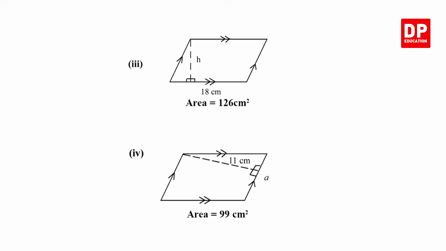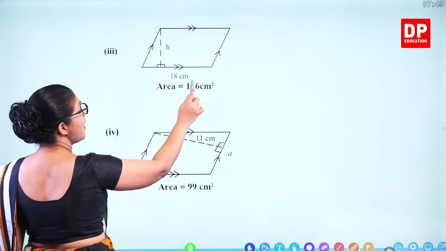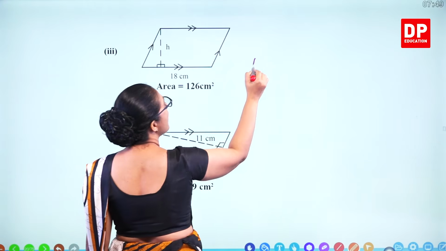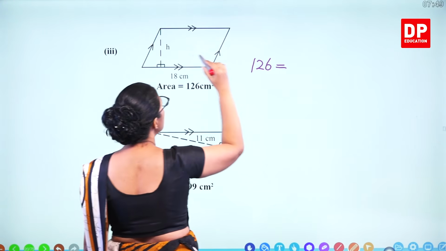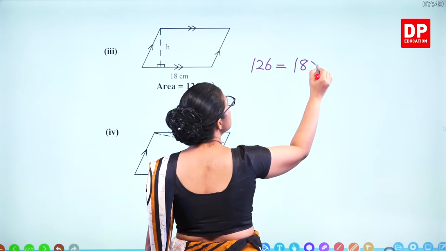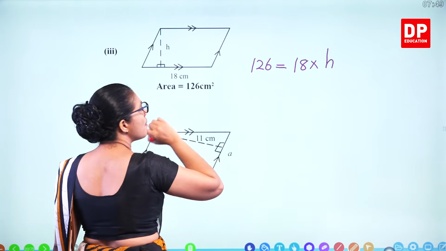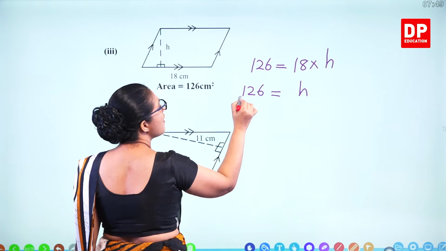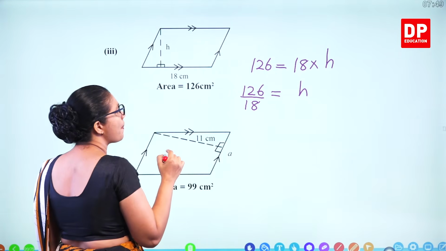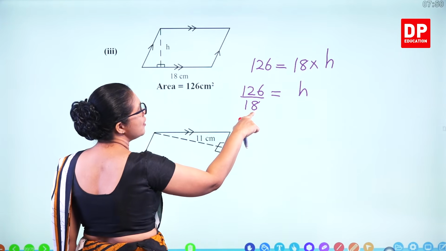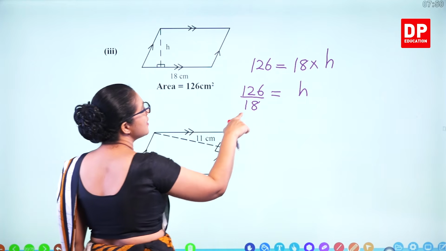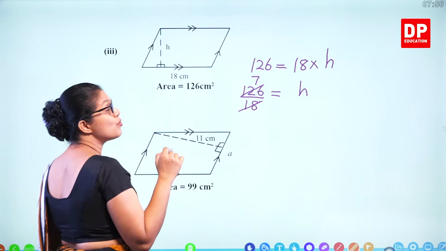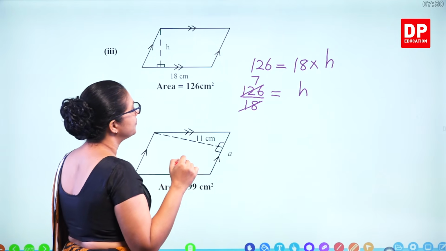Find the area of this parallelogram. Area is given. You are asked to find the perpendicular height. So you can write 126 is equal to 18 times H, base into height. So what's H? 126 divided by 18. When you multiply by 7, you get 18 times 7 is equal to 126.